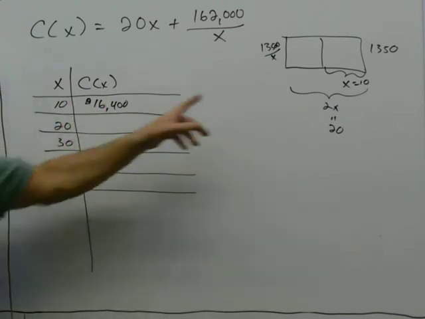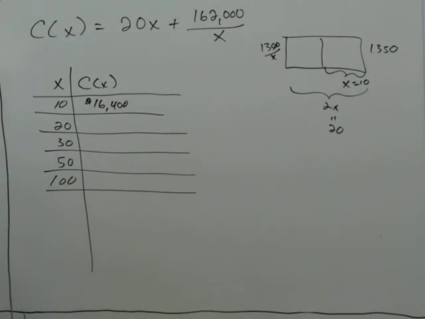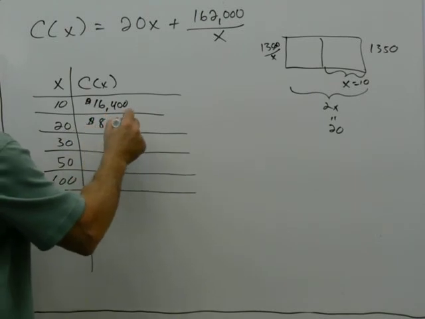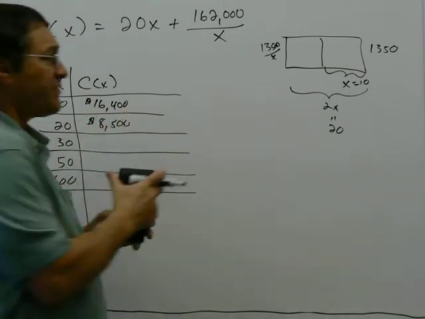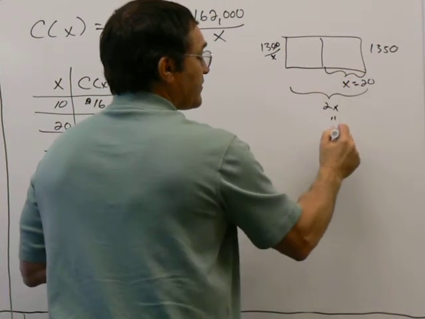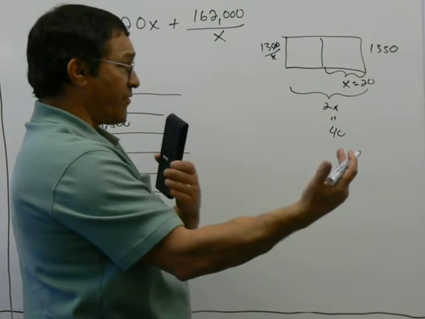Okay, what if I let X equal 20 feet? And evaluate that in my function. If X is 20, then my cost is going to be $8,500. And again, if X is 20, then my total width of my field is going to be 40 feet.